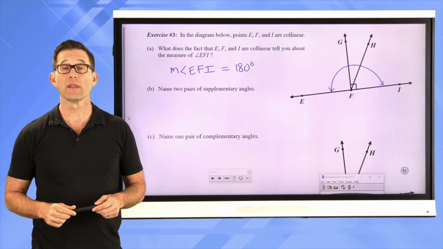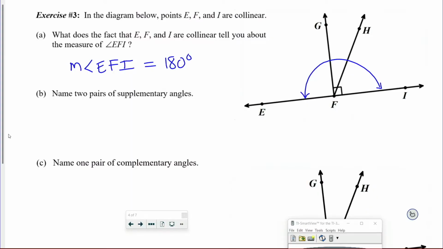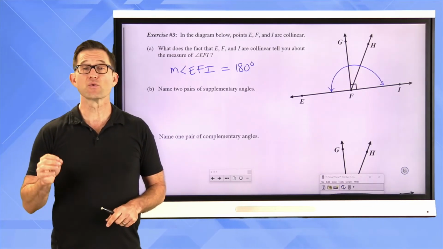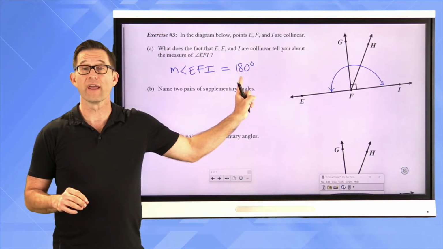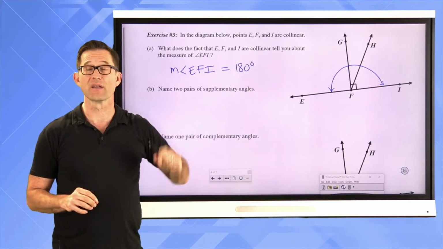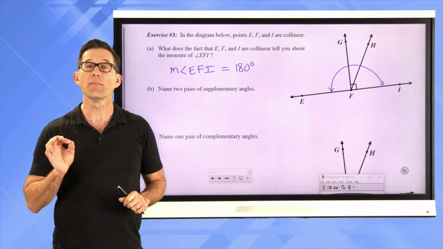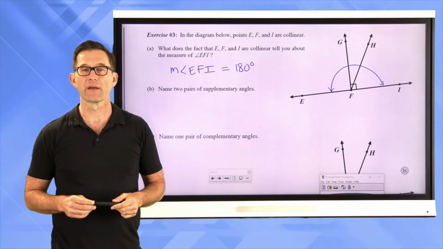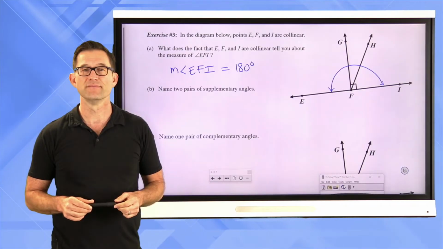All right, let's take a look at letter B. Name 2 pairs of supplementary angles. Now remember, supplementary angles are angles whose measures add up to 180 degrees. So this obviously is going to come into play. See if you can name the 2 pairs of supplementary angles in this diagram.